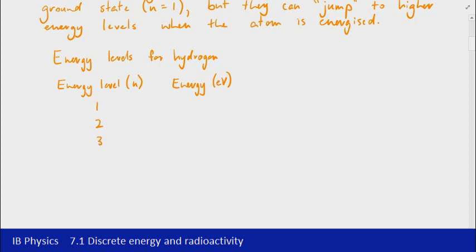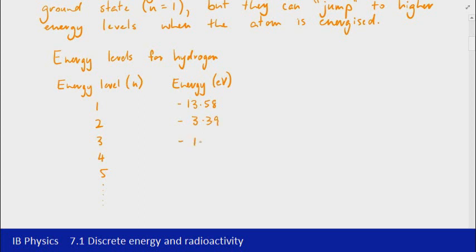So we'll go down to the 5th energy level. Note that that would continue on up to infinity, but we're only going to consider the first few, because once you start to get a little bit higher up in energy levels, the values get so close together that there's very little difference between them realistically.